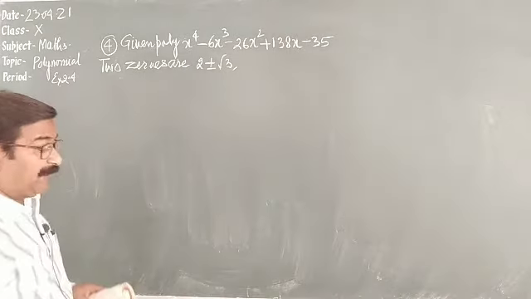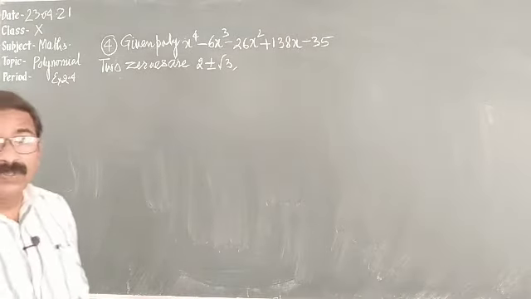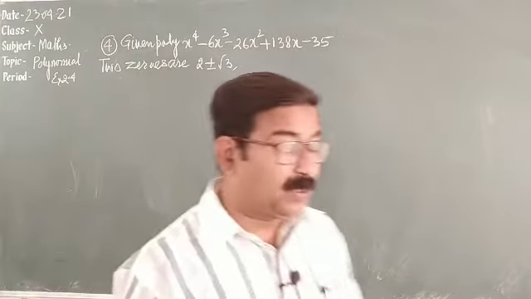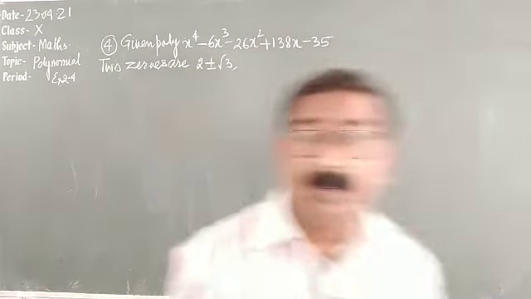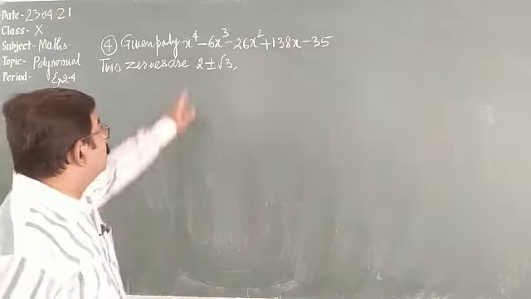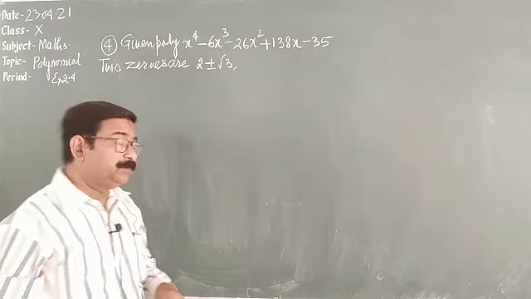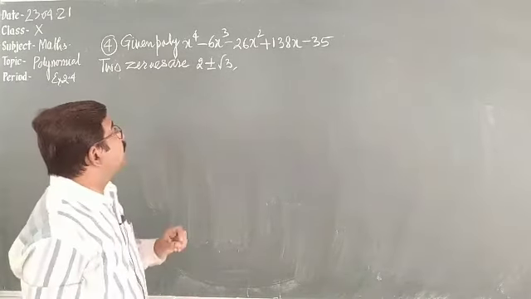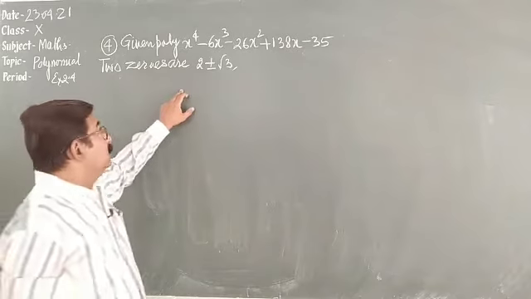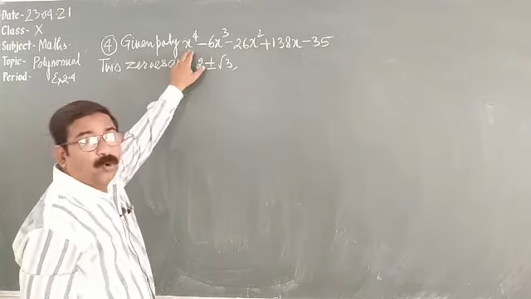So we have to find the other ones. What is the sense of writing 2 plus minus root 3? It means 2 plus root 3 and 2 minus root 3 are two zeros. So what is the degree of this polynomial? The degree of this polynomial is 4.